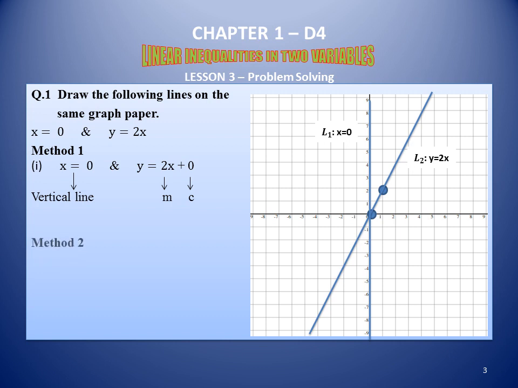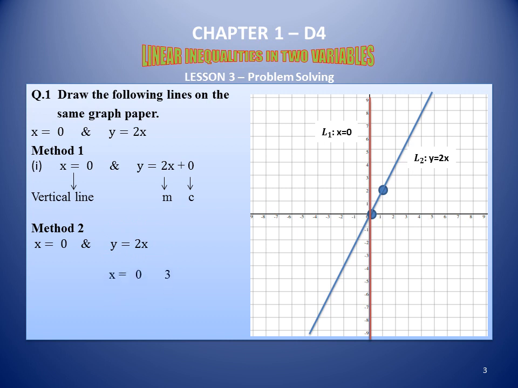This is method 1. If we use method 2 to draw the graph of these two equations, again this equation is vertical. We will simply draw this line passing through 0. And this equation is y is equal to 2x. In method 2 we find 2 points to plot the graph.